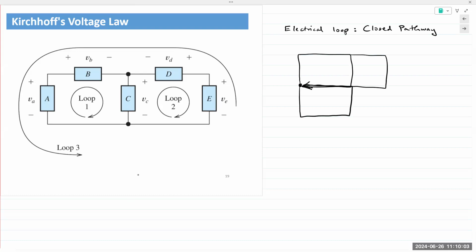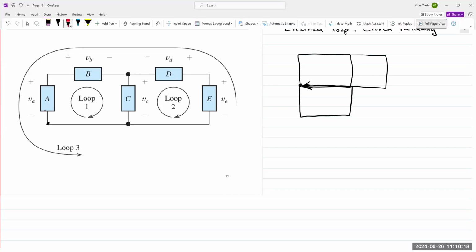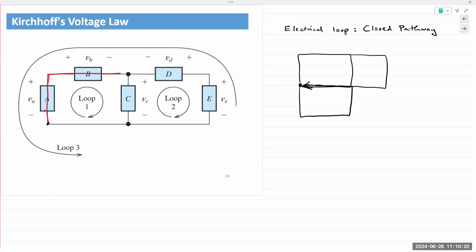Okay. So if you take a look at the example on the left, let's say I start at the bottom left corner. I can say this is loop 1. The direction of the arrow does not matter, okay?